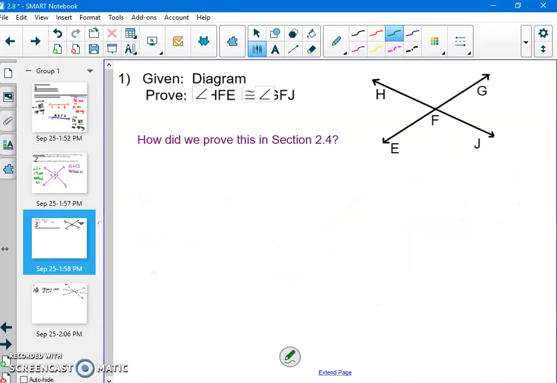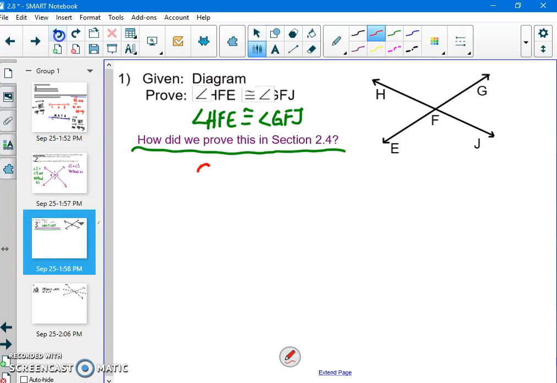Alright, so we're going to look at this one and how we proved it in section 2.4. We're given the diagram, and we need to prove that angle HFE is congruent to angle GFJ. So I'm going to write these. A little hard to read there.